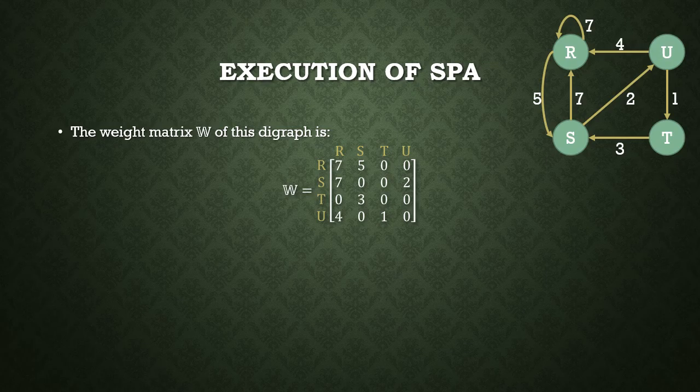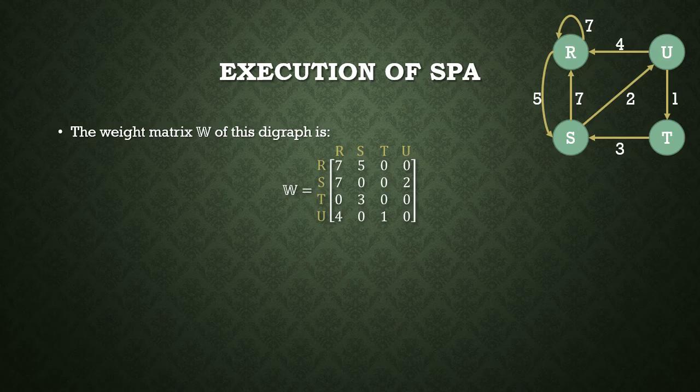There is an edge from R to R of weight 7. There is an edge from R to S of weight 5. There is no edge from R to T, no edge from R to U. There is an edge from S to R of weight 7.